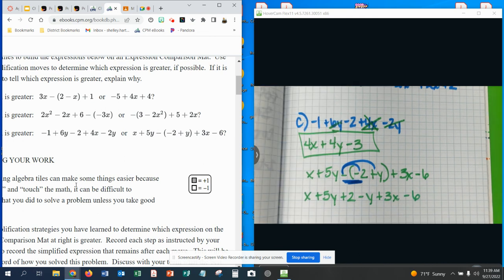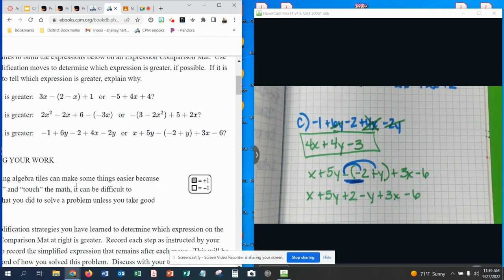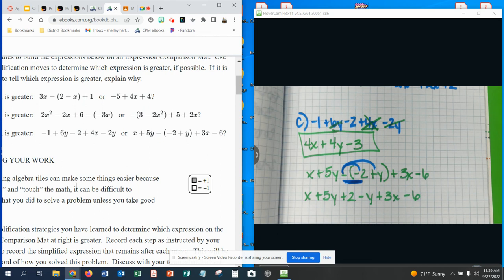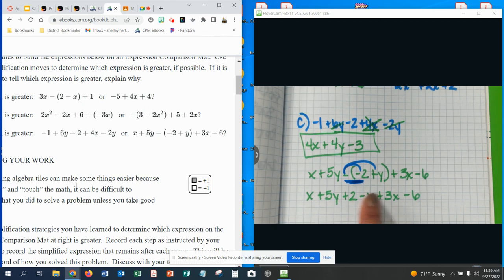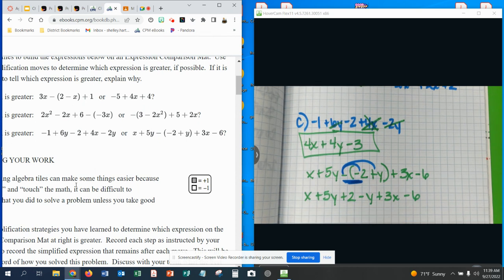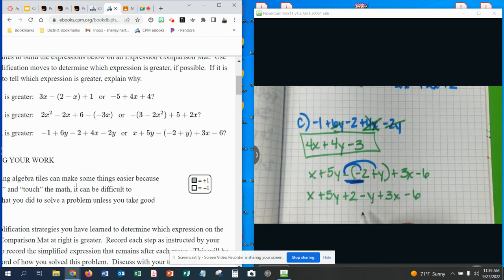Now let's talk about our like terms. What's our first set of like terms? Desiree, you knew it was coming. Yeah, so what do we got? 5y minus y. 4y, good. We got rid of that, but what about our x's?